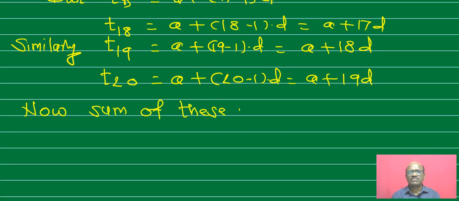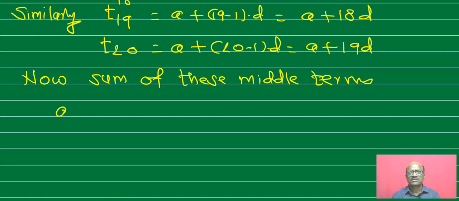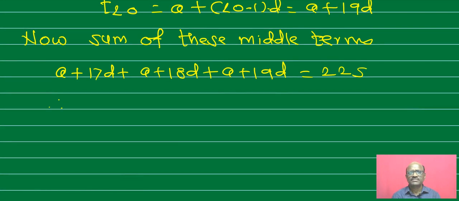Now the sum of these middle terms, a plus 17d, a plus 18d, a plus 19d, is equal to 225.